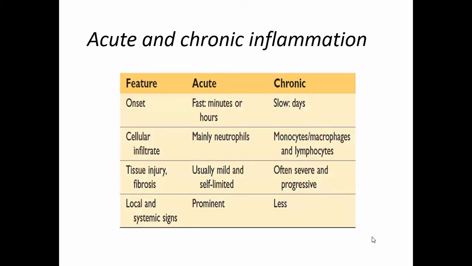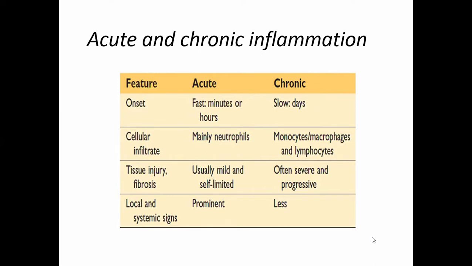So for acute and chronic inflammation, there is a distinction between the two. This was originally based on the duration of the reaction. Acute inflammation is usually rapid and self-limited, and the offending agents, such as the bacteria, the fungi, and the dead cells, are readily eliminated.